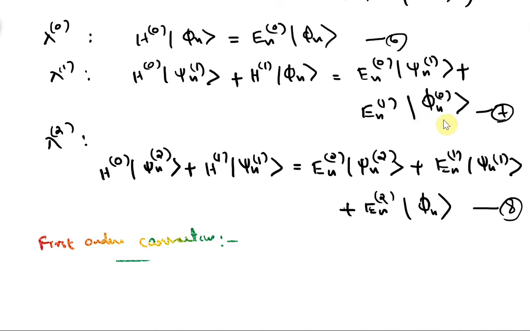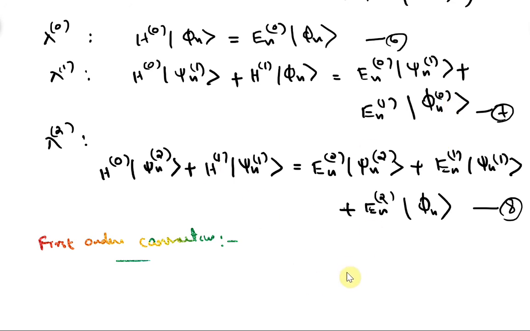And if it is the same state, if you multiply the n state with the n state, that will give you, because of the orthonormalization, phi n with phi n, which will come as 1 for you. So you will get this term. If you are multiplying with some other phi, that is going to be 0, so that is not useful for us. So we have to do the multiplication with this phi n itself. So bra of phi n, we will multiply the entire equation.